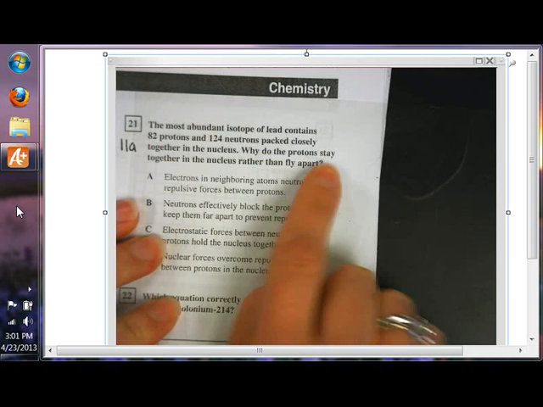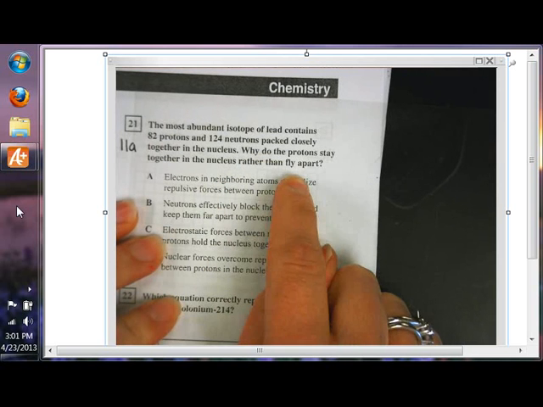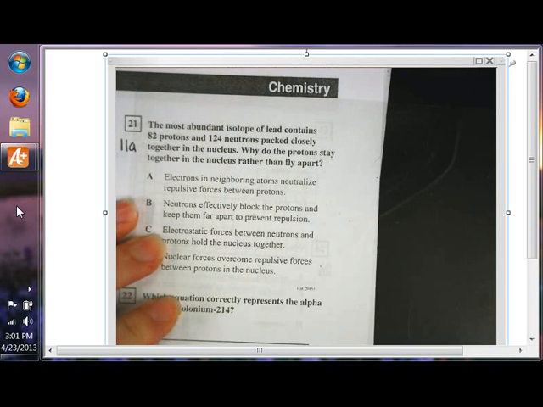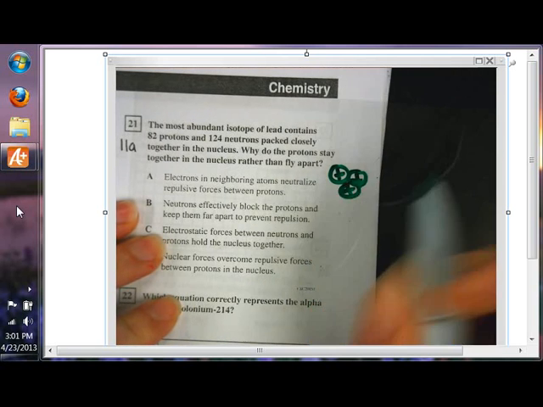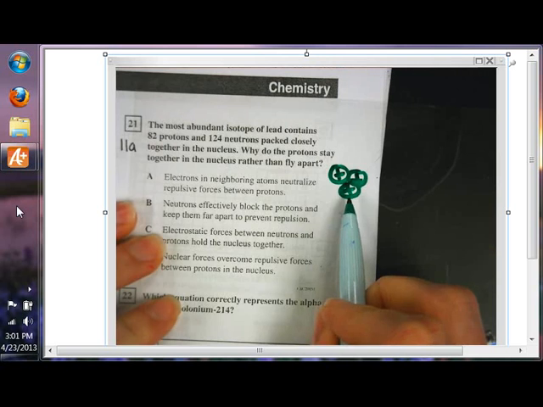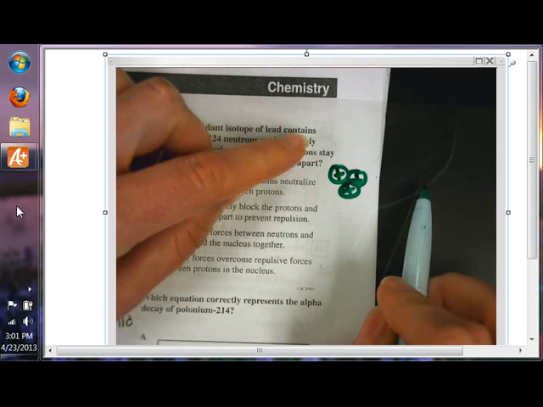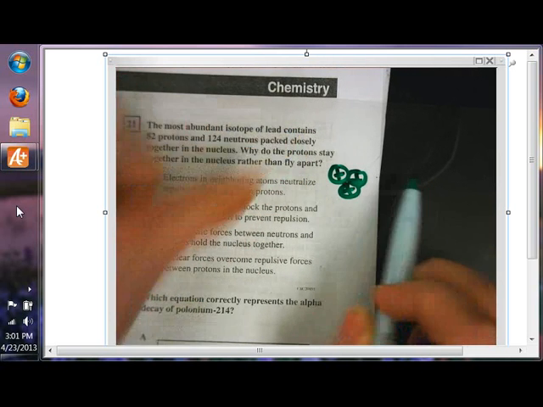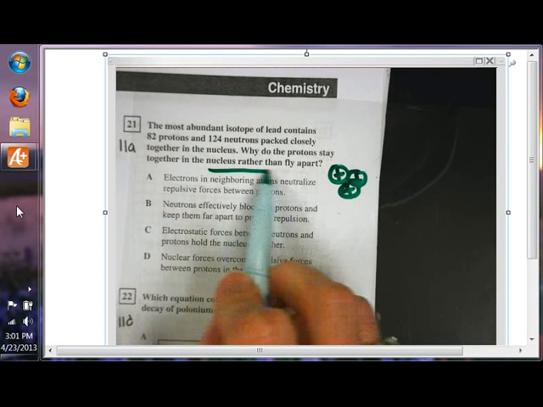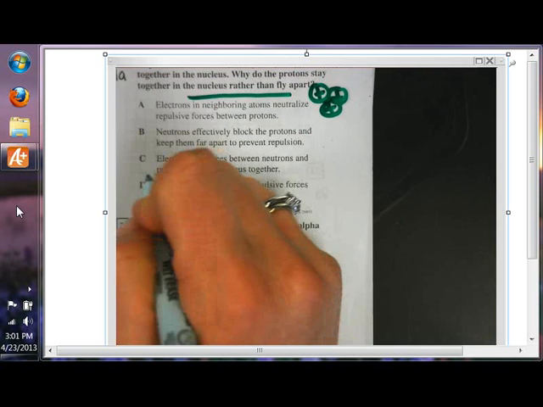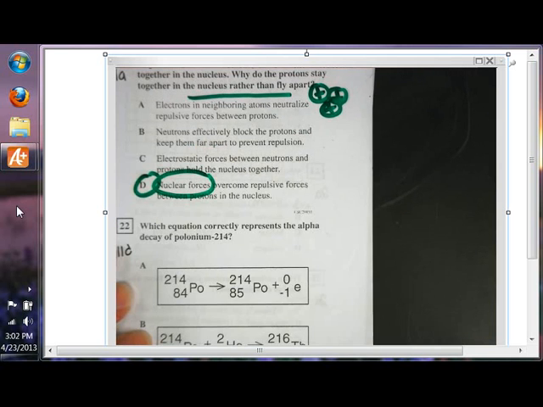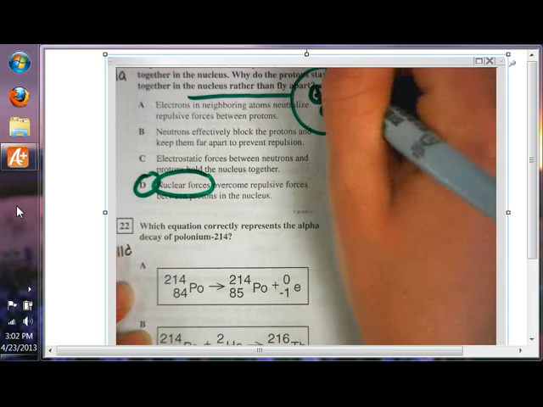Keep in mind that you have all of these positives inside the nucleus, and you'd think they're going to want to be apart from each other because they're the same charge. The reason the nucleus does not fly apart is because of something called the nuclear force. The nuclear force is what holds atoms together. It's the reason why the nucleus doesn't fly apart.